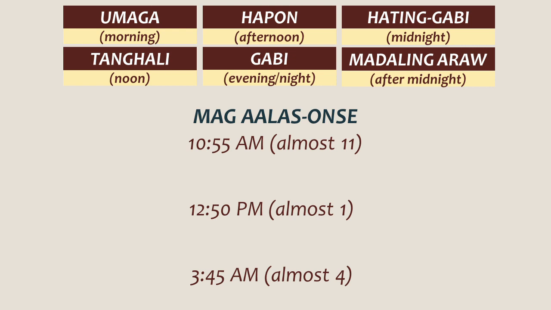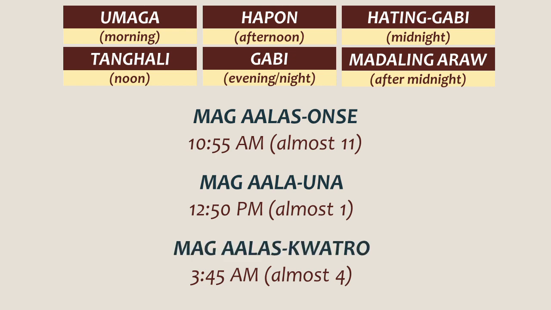And you checked, it's 10:55 a.m., you can respond with mag-aalas onse na. It's almost 11. For the next example, we can say mag-aalauna, almost 1. Mag-aalas kuwatro, almost 4. I guess we can say that this is applicable if it's 15 minutes or less before the next hour.